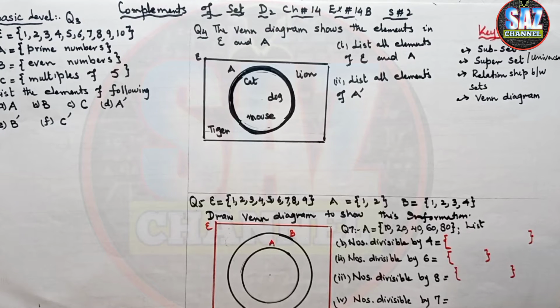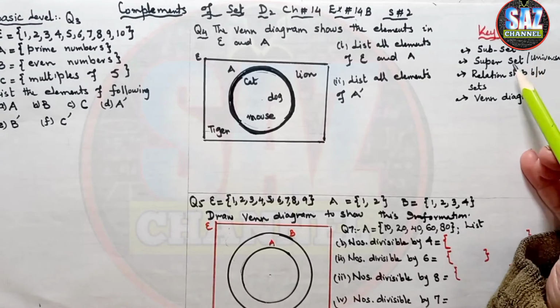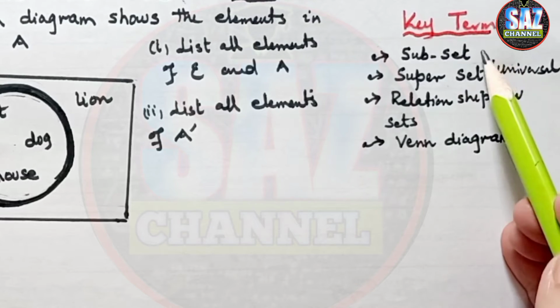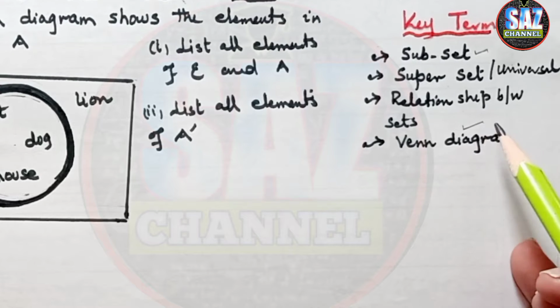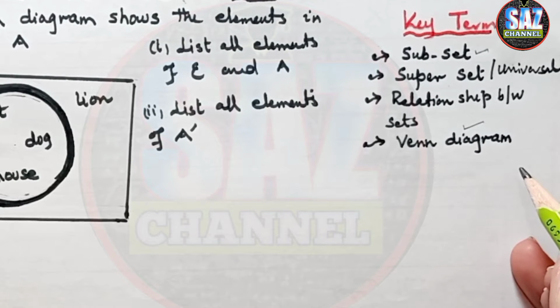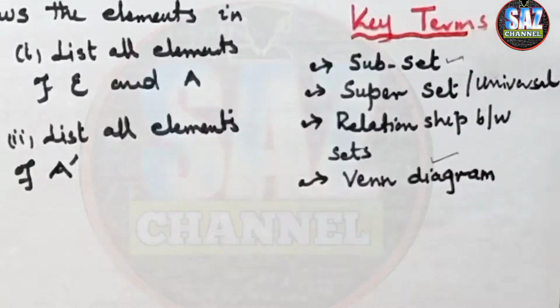This is my second lesson of D2, chapter number 14, exercise 14B, that is about the complement of a set. Before going to the lesson, there are some key terms that we have to understand: what is the superset or universal and subset, the relationship between the sets and Venn diagrams, and how to draw the Venn diagram for different situations.